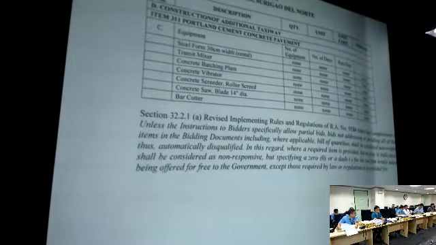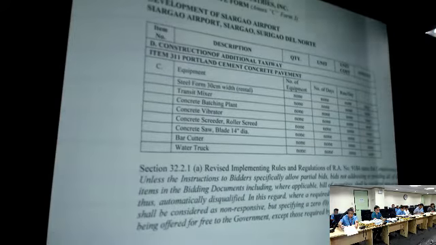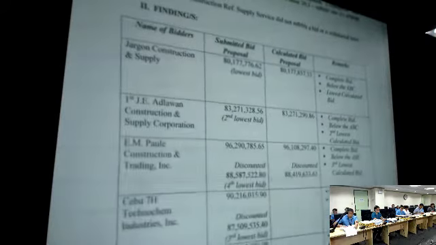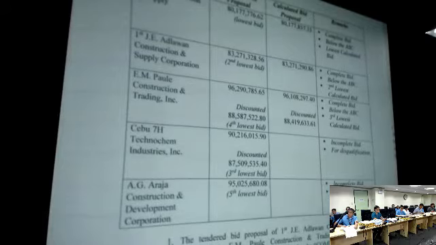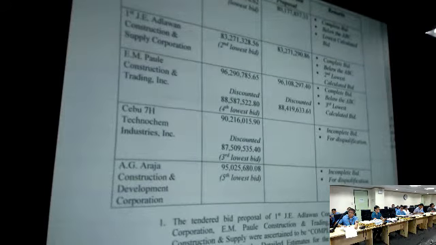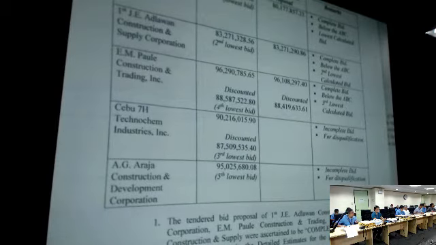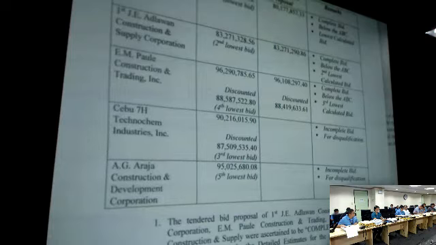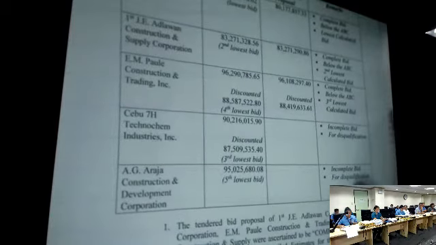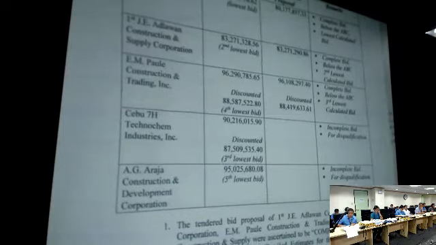So with this, we are recommending the disqualification of AG Araha and Cebu 7H. And the BAC TWG is recommending the post-qualification of Jargon Construction and Supply for being the lowest bidder during the opening of bids and being considered and evaluated as the lowest calculated bidder for the project for the development of Siargao Airport.